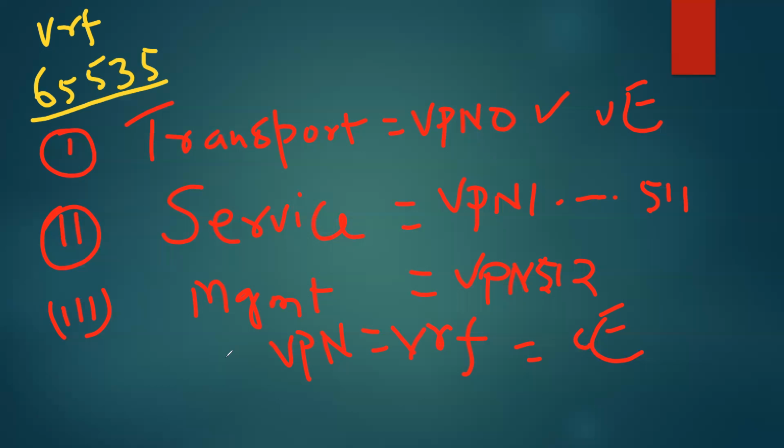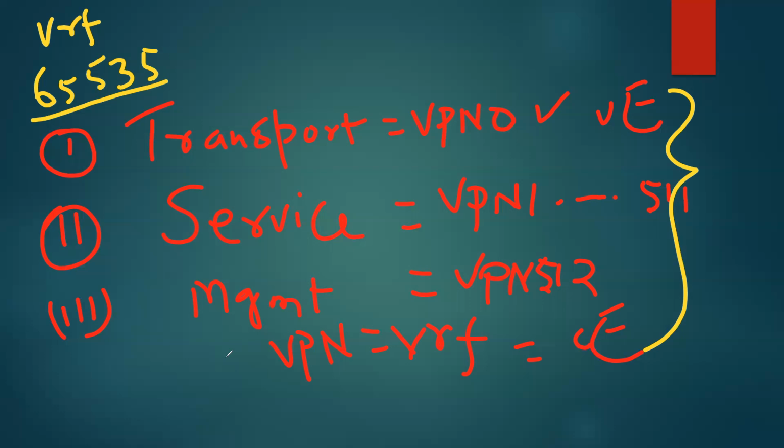We don't actually need 65,000 VRFs, and in any network that you are working on in your company's enterprise network, you'll find that they hardly use 3 to 4 or 5, maximum 5 VRFs or VPNs. So one is for corporate, one is for PCI, one is for IoT, maybe one is for contractors, one is for guests.